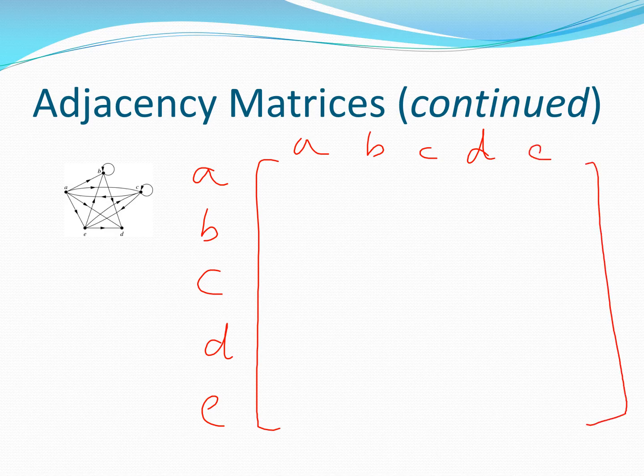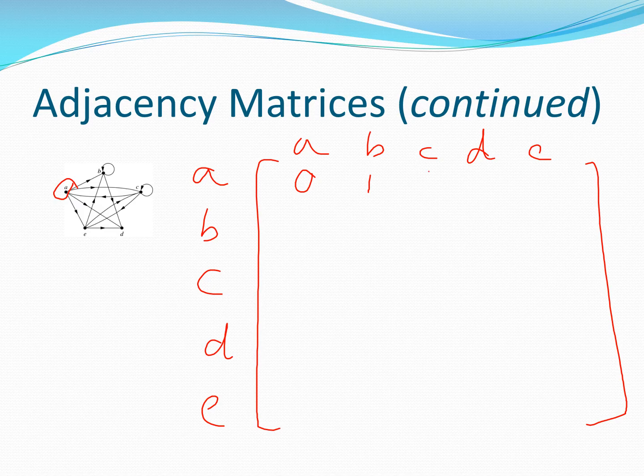Okay, so now let's take a look at each of the vertices. Let's start with A. From A to A, there is no loop, so that's going to be a 0. From A to B, there is a single edge going out of A to B, so that's going to be represented with a 1.